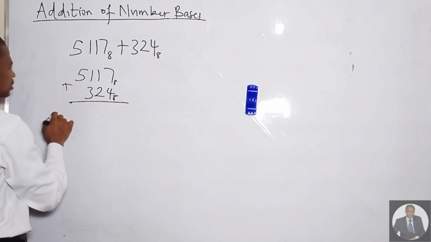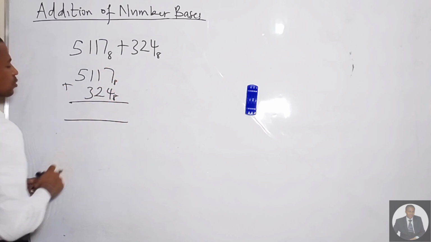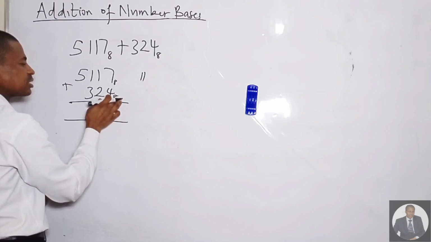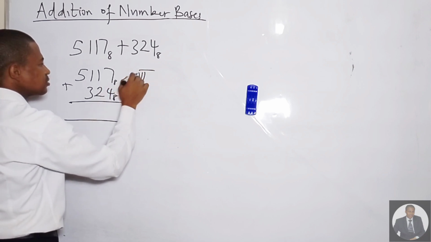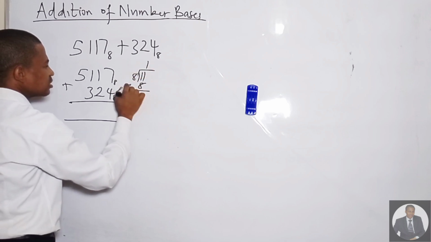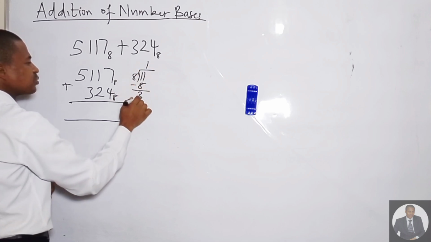How do we do this? 7 plus 4 is 11. We cannot write 11 because it's under base 8. So we divide 11 by 8. How many 8 is in 11? 1. When we subtract 8 from 11, it gives us 3.